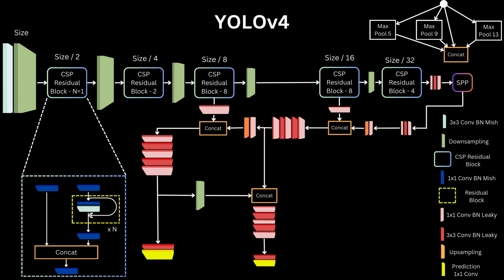For that, same as before, we have 2 convolution layers, specifically 3x3, followed by 1x1 prediction convolution layer. We repeat the same steps again. We take this feature, downsample it to get size by 32 dimensional feature, concat it with the same dimensional feature coming from top-down pathway, and again after 5 convolution layers, we have our prediction layers to give us predictions for anchor boxes of the largest scale.